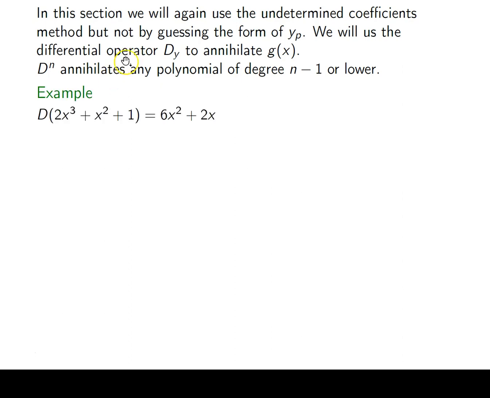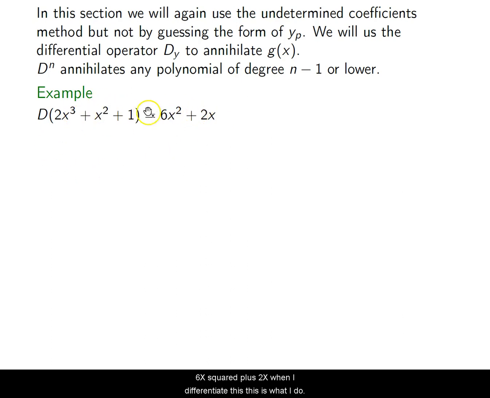Let's do an example. Let's say I want to use the differential operator on this function, D of y, where y equals 2x cubed plus x squared plus 1. If I do one differential operator on this, I get 6x squared plus 2x.